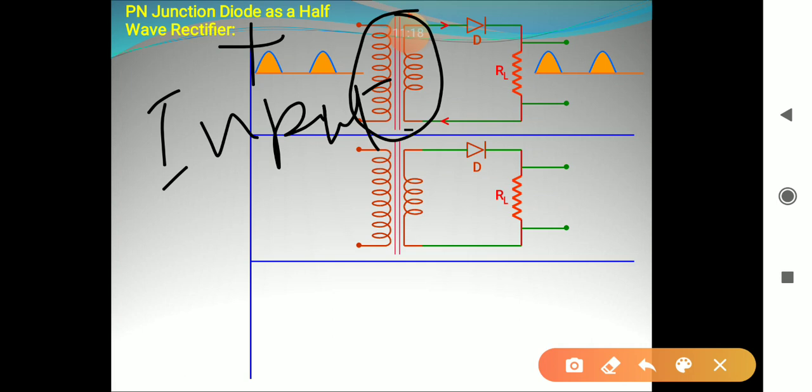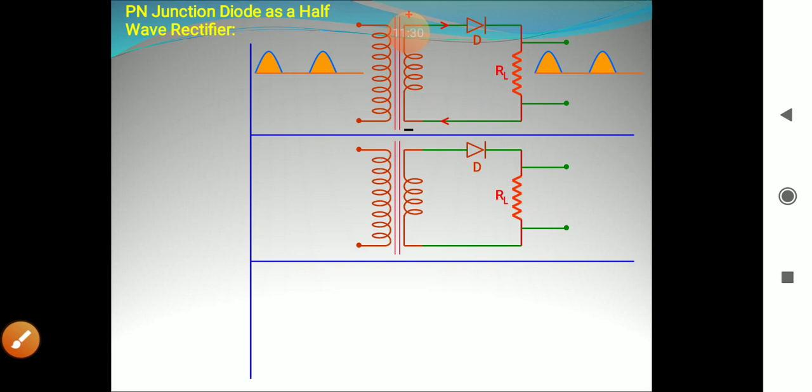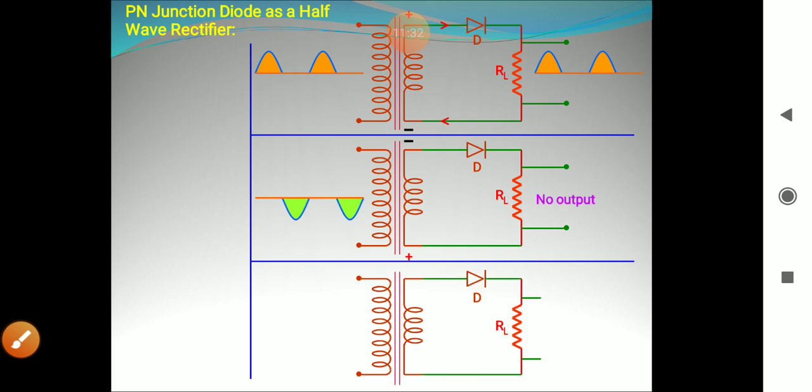When the diode is forward biased, a current passes through the circuit and an output is obtained across the load resistance RL. But when the diode is reverse biased, there is no current passing through the diode, it does not conduct, so no output is obtained.